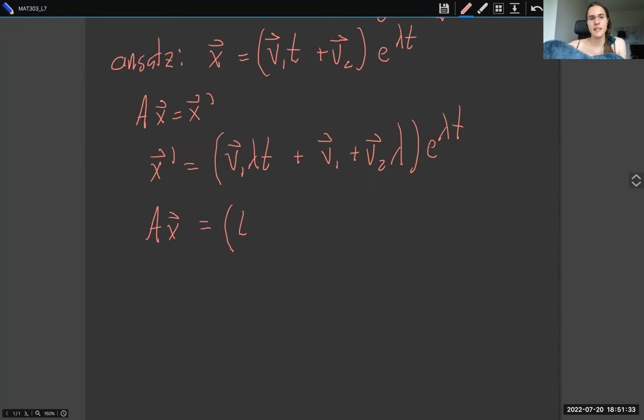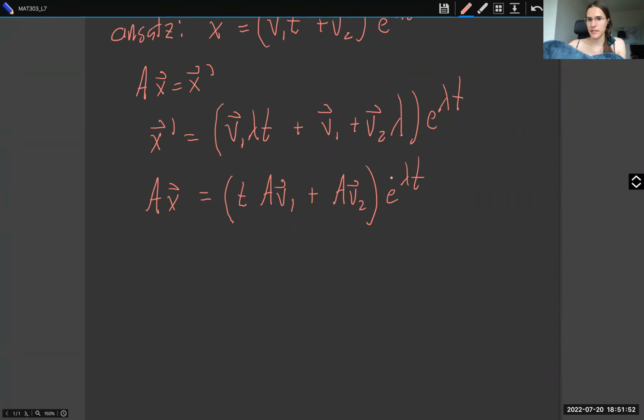So we're going to get t A v1 and here we're going to get A v2, multiplied by e to the lambda t everywhere. If these two things are equal as functions of t, then the part that has t dependence has to equal the part that has t dependence, and the part that has no t dependence has to equal the part with no t dependence. Is that 100% true? Yes, it is, because setting t equal to 0, we have that these parts are equal, and therefore these parts are equal, right?